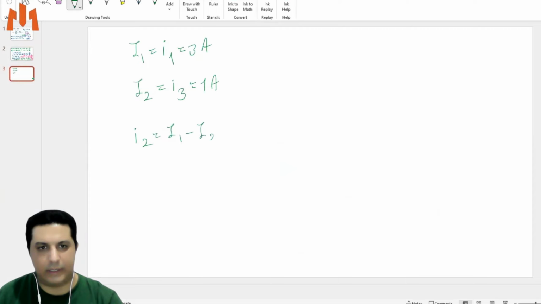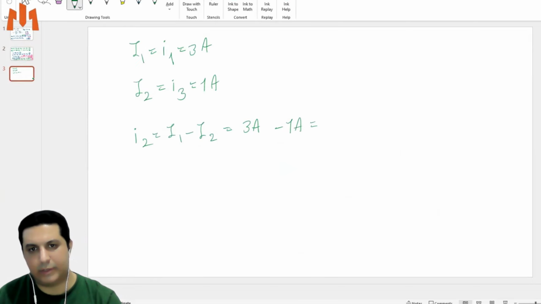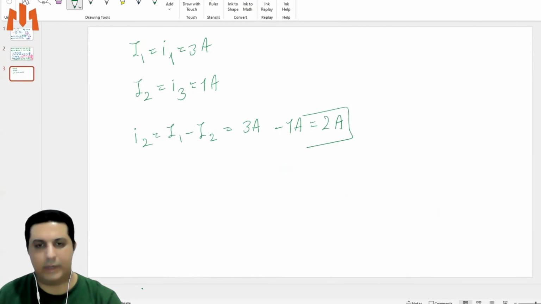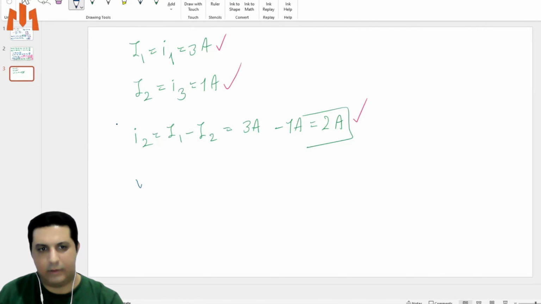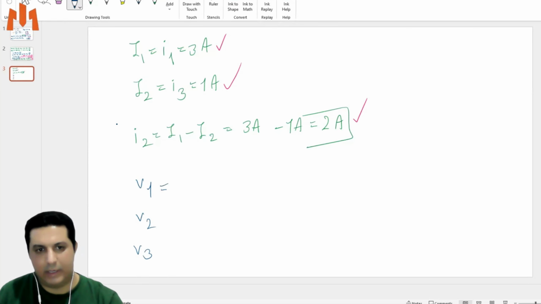What is I1? 3 ampere minus I2, which is 1 ampere, equals 2 ampere. Right now we found I1, I2, and I3.